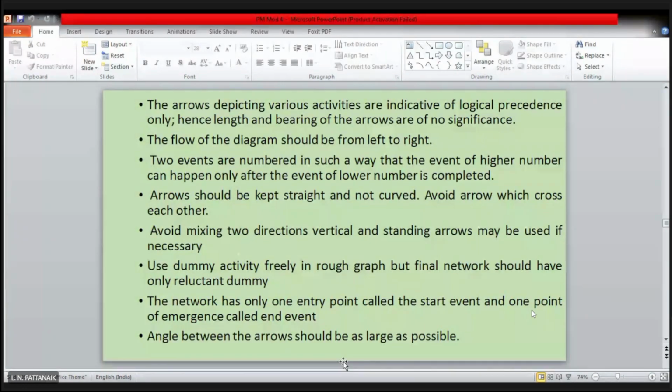Later on you will face problems, because in between you have to write some figures, you have to put some boxes and figures. That's why it is advised that you spread the network as far as possible by giving bigger angles, not 90 degrees. If it is 90 degrees, then it will become vertical, but bigger acute angles between the arrows. I hope you got the meaning of this. You are all smart people.